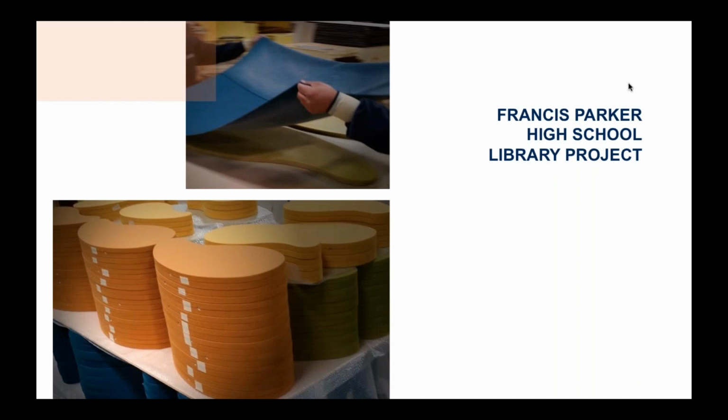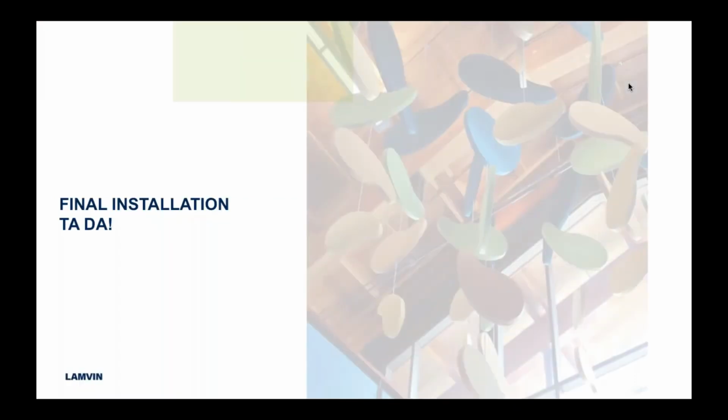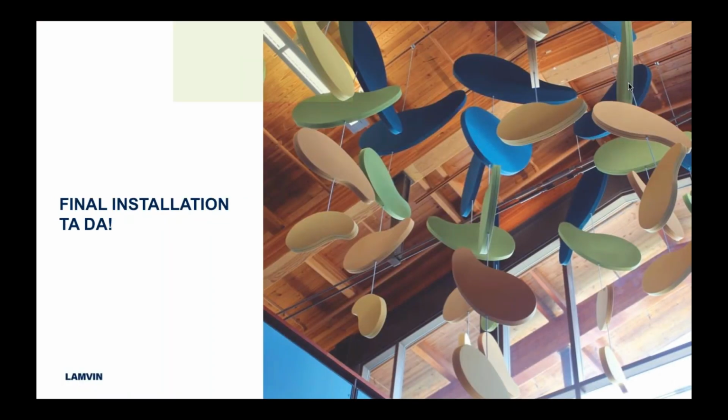The students' scale model was used on site during the duration of the project to ensure it was being built to spec to their design and their needs. As you can see, the final installation turned out beautifully, providing a fun, cool solution designed by the art students, providing a unique story for years to come for future graduates, as well as for our purposes today.